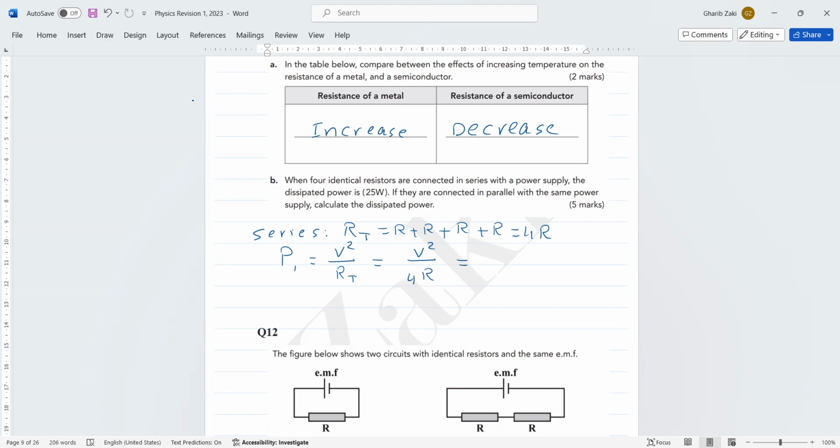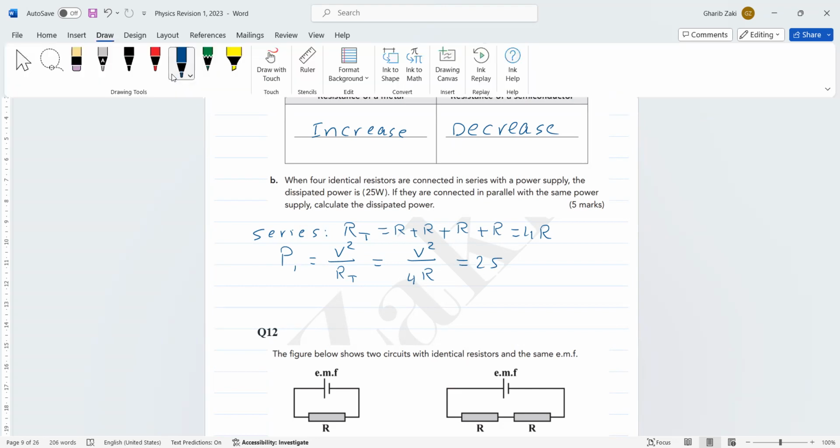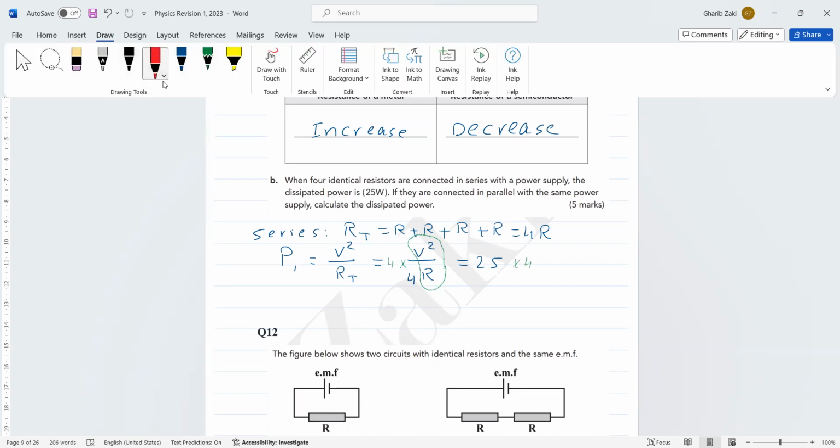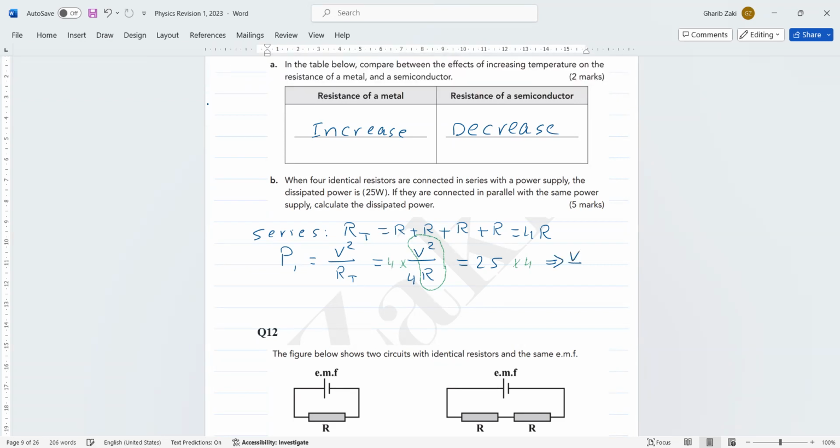The given is that it's 25. From this formula, we can get V squared over R. How? Multiply by 4 on both sides. Then we can get this value. So V squared over R equals 25 times 4, which is 100.